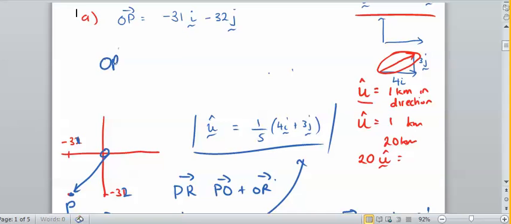OR is negative 15i, negative 20j. So the magnitude of OR is equal to 15 squared, which is 225, plus 400, square root of 625 is 25. I'm hoping that's right.